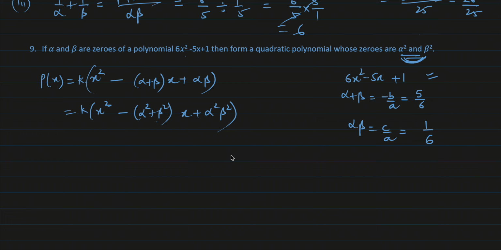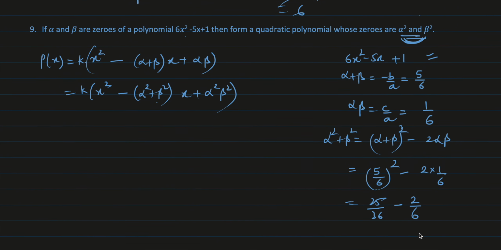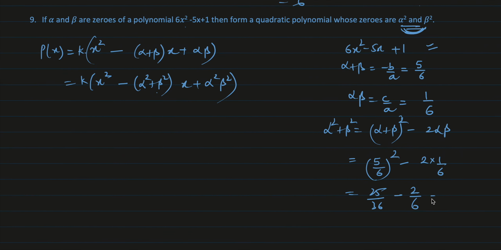It is alpha plus beta whole square minus 2 alpha beta. Please remember it. So this will be 5/6 whole square minus 2 into 1/6. 25/36 minus 2/6. Take LCM. So it is 25 minus, when I multiply by 6, 12/36, which is 13/36. Alpha square plus beta square has come.